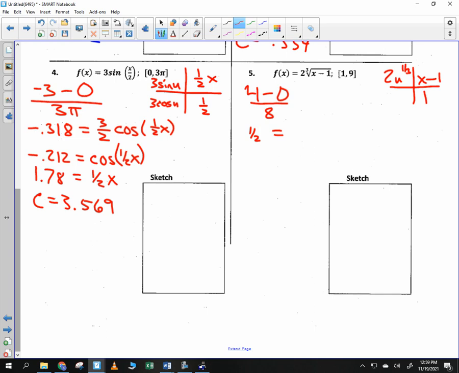Derivative is 1. Derivative of 2u to 1/3. 2 over 3u to the 2/3. So I get 2 over 3 times x minus 1 to the 2/3 power.